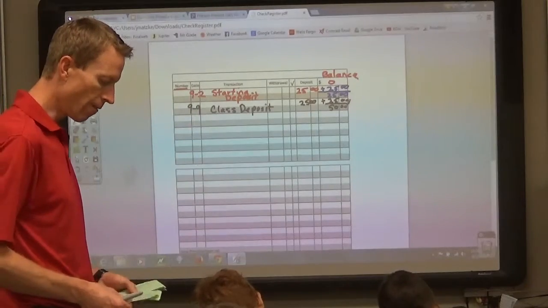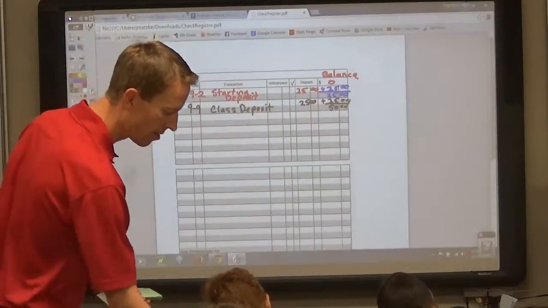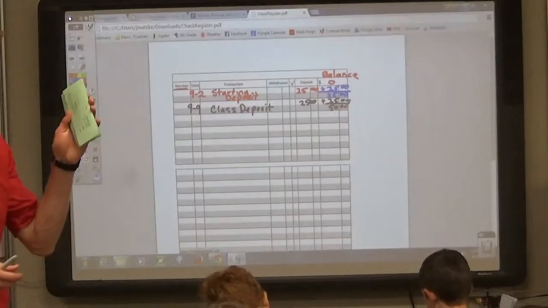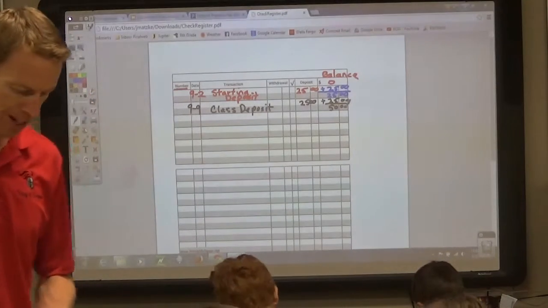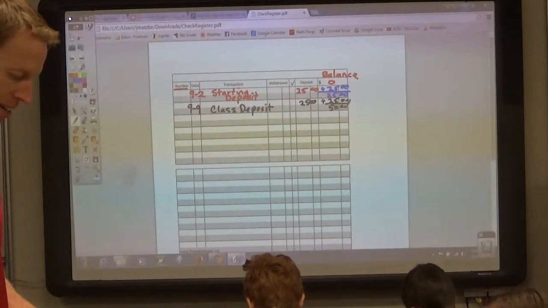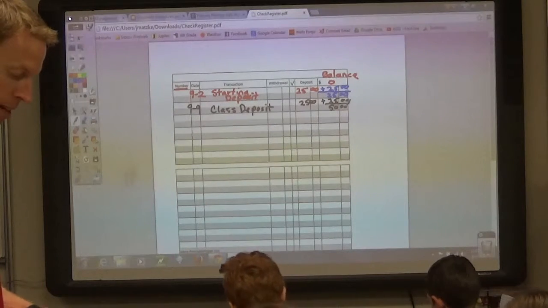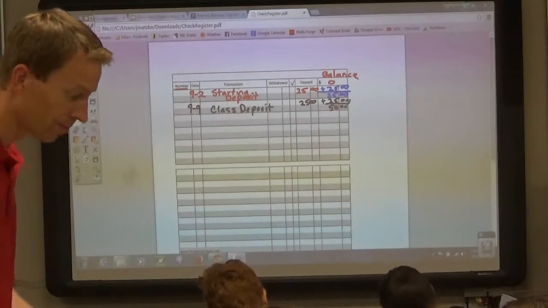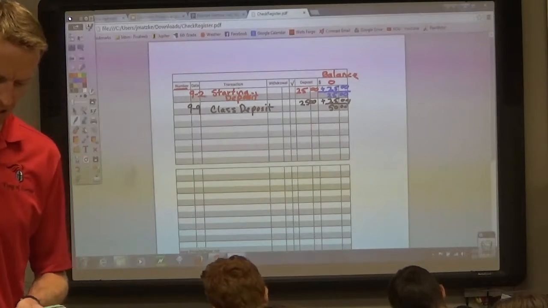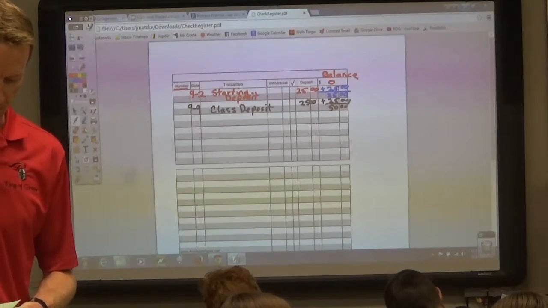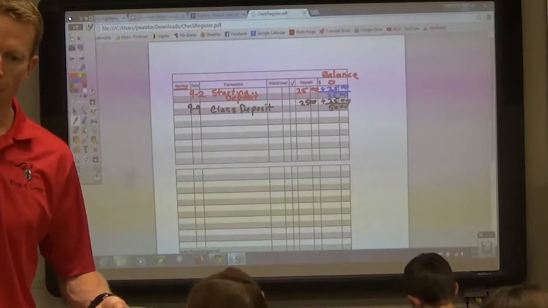Now, since this is an official financial document, even though I created them on my computer, you need to use your official name. So that means your first name and your last name. Because, for some reason, Max, for example, is a pretty popular name in the world.